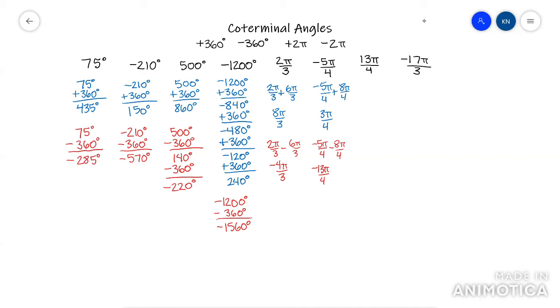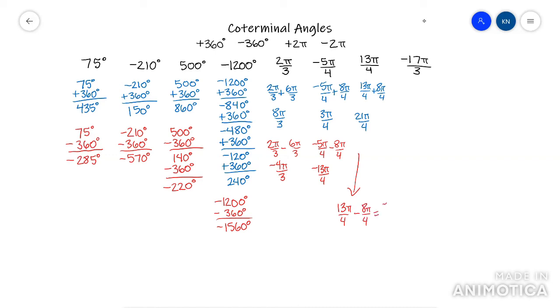This next one, 13 pi over 4, it's going to have that same 8 pi over 4 increment. So it would look like this, 13 pi over 4 plus 8 pi over 4 to get my positive coterminal at 21 pi over 4. And then going the opposite way, you have 13 pi over 4, and you're going to be subtracting 8 pi over 4.